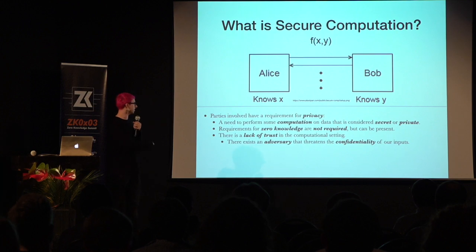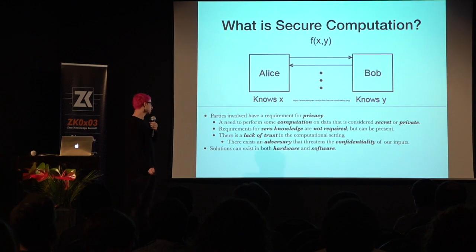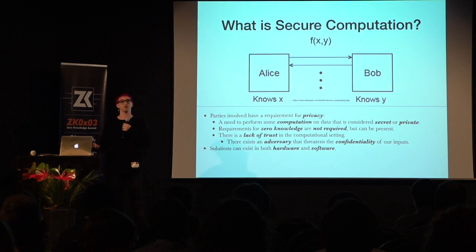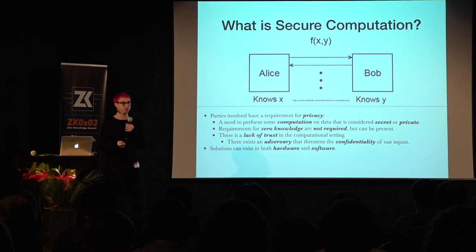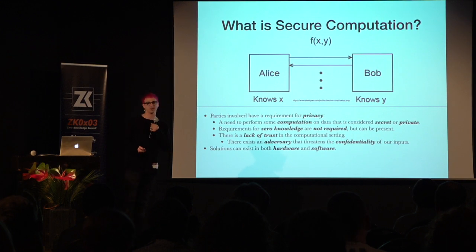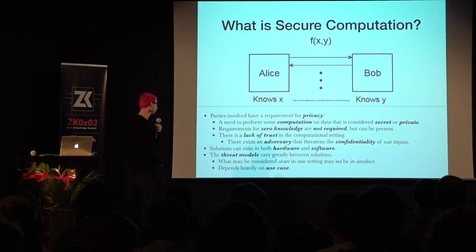Either way, there is an adversary in our situation that threatens the confidentiality and the integrity of that data. Solutions can exist in both hardware and software. We'll be discussing which of those, and I only have one hardware example, which is something like Intel SGX or trusted execution environments that are built in hardware. And we'll also be saying how that software security is achieved.